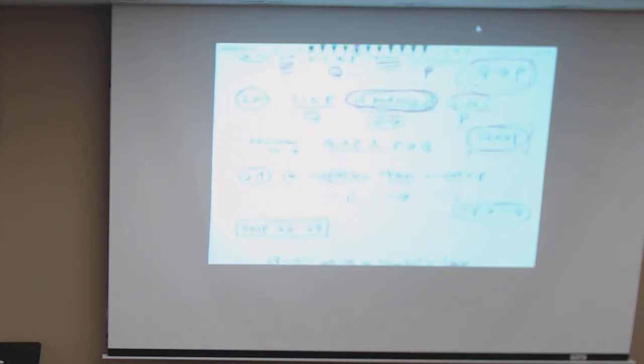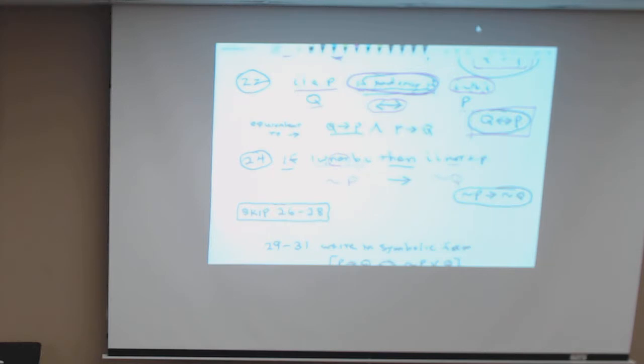Number 24. What does 24 say? If I will not buy it, here's that if again. Since I did red, let's do blue. If and then. Because you have to keep those in mind. We're looking at this special construction called if then. Now, if P is I will buy it, then what would not I will buy it be?